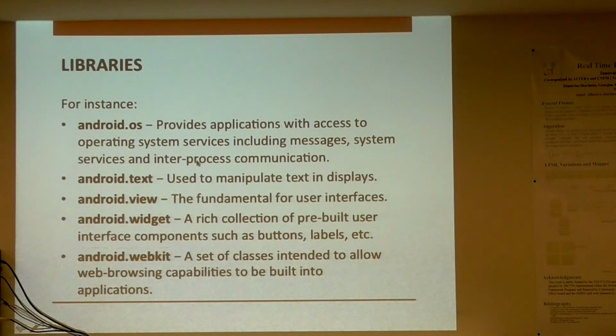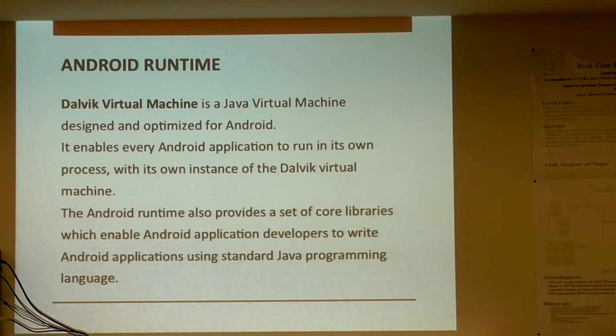You can access it from Java. Also text, Android view, widget, and WebKit. So there are some libraries in C, but using Android WebKit we can access this from our application. The functionality of a browser is also needed in many cases.